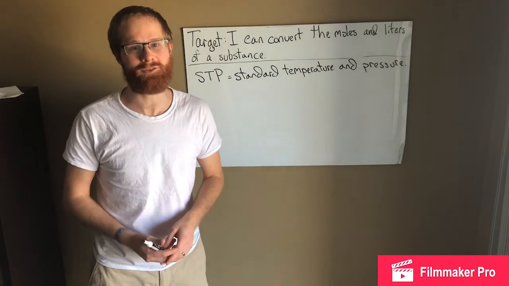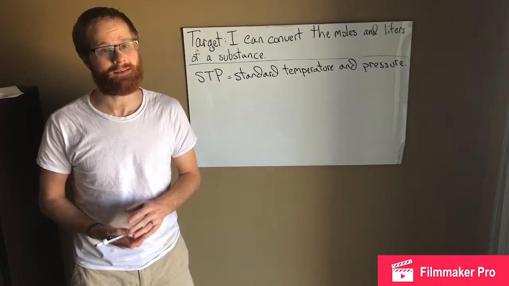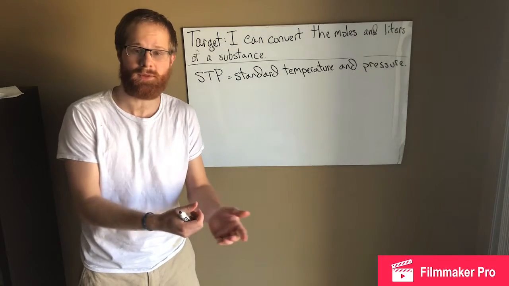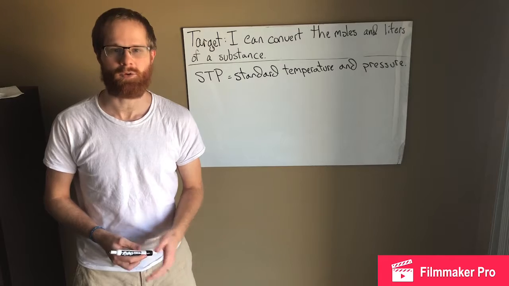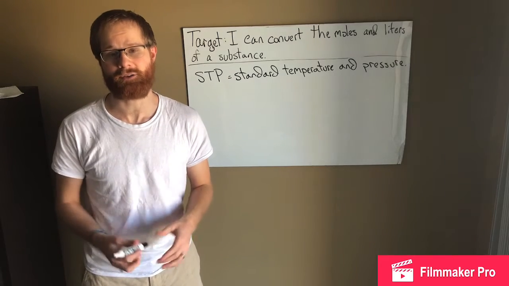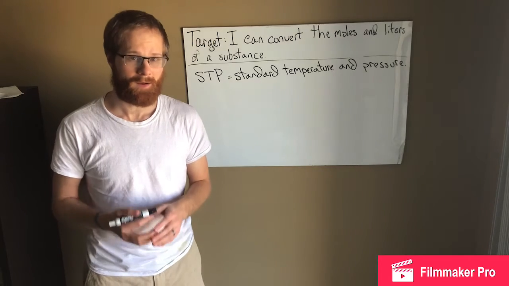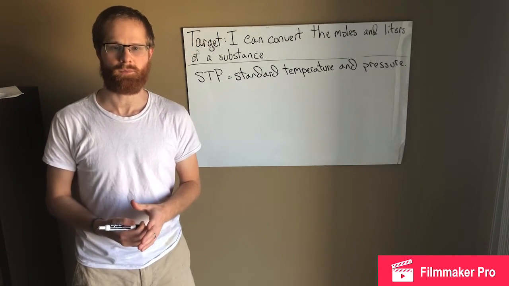It's very difficult to measure the grams of a gas. But it's relatively easy to measure the liters of a gas. I can take a syringe and fill it with gas. I can fill an oxygen tank with oxygen and I can learn how much oxygen is in that tank based off of its volume. However, gases can change in volume.